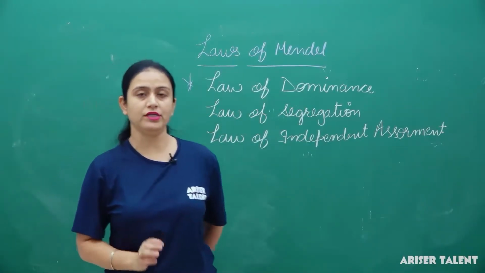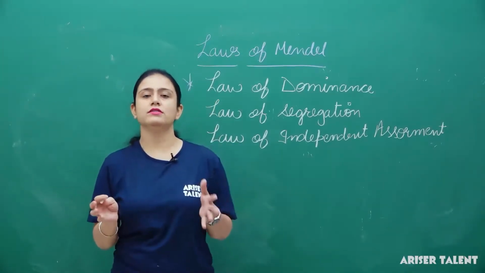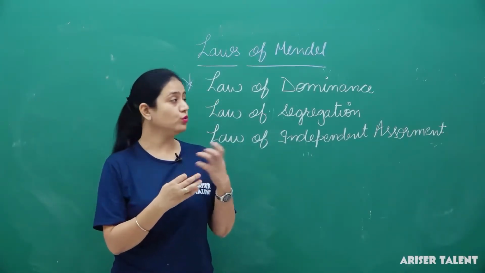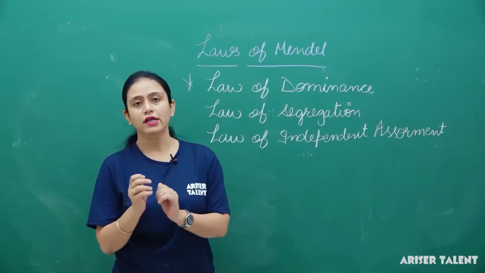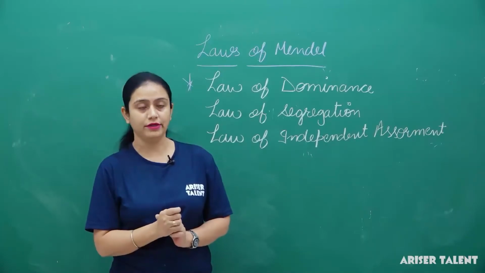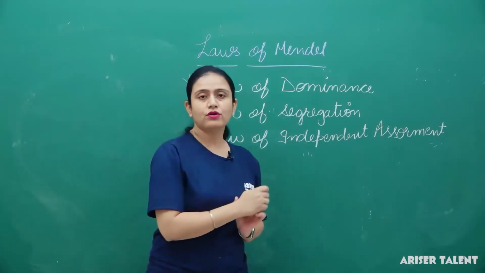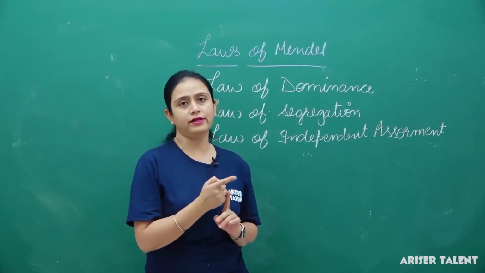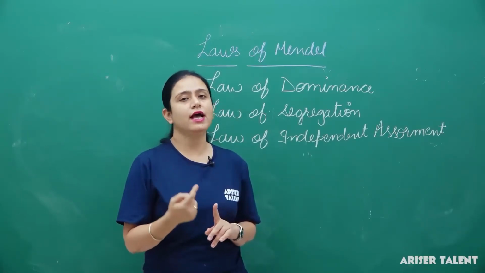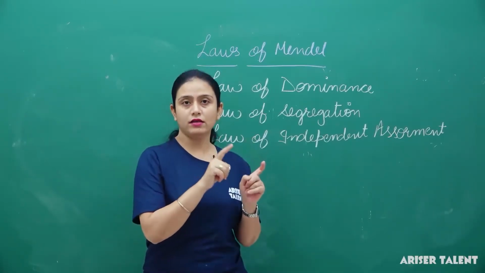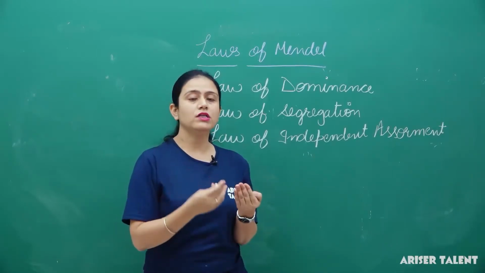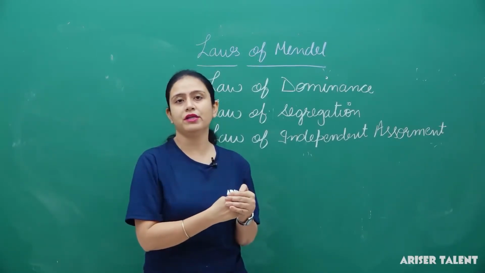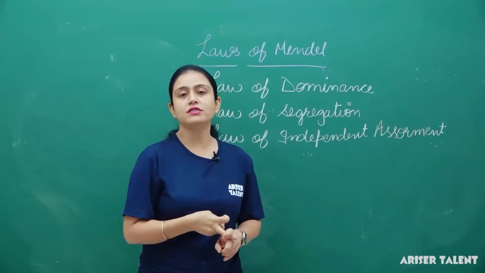What is law of dominance? When a pair of contrasting characters is chosen for the hybrid cross, then only one character appears in the F1 generation, and the character which appears is known as dominant character, and the character which does not appear in F1 generation is known as recessive.